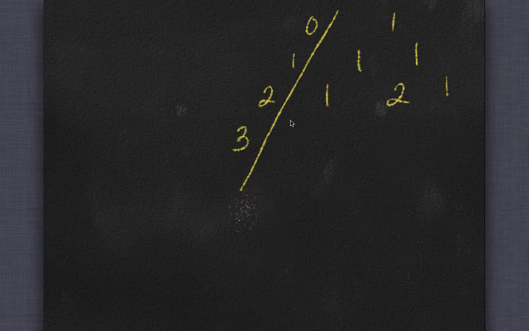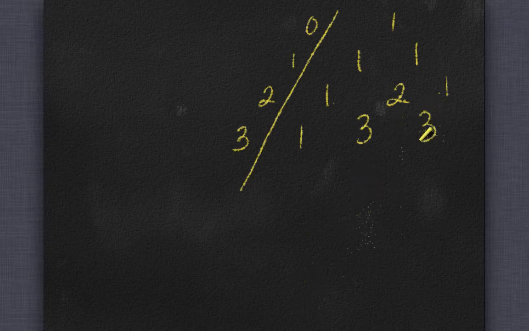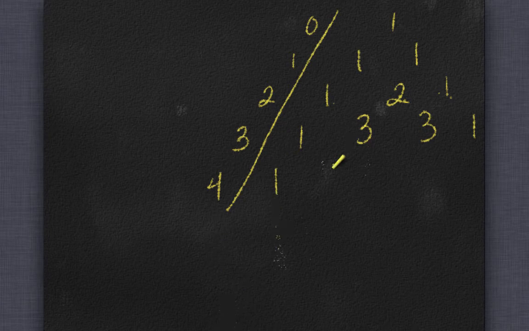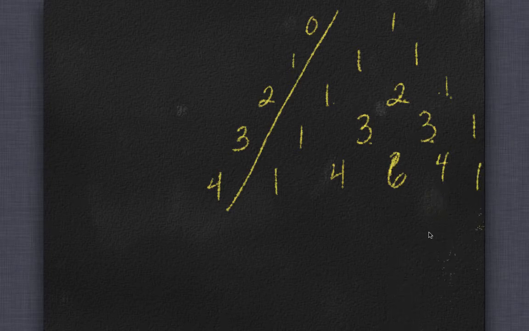The third, 1 plus nothing is 1, 1 plus 2 is 3, 2 plus 1 is 3, 1 plus nothing is 1. This is the coefficients of the one that we already looked at and counted out the ways we could do them. Fourth, 1 plus nothing is 1, 3 plus 1 is 4, 3 plus 3 is 6, 3 plus 1 is 4, 1 plus nothing is 1, and it keeps going like this.